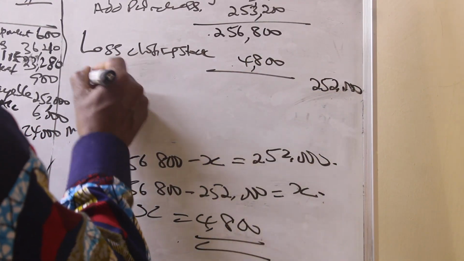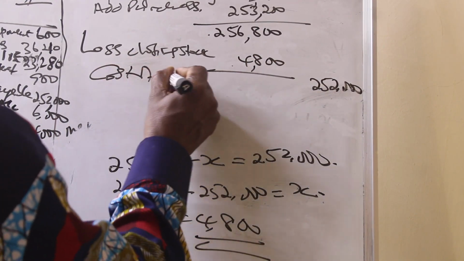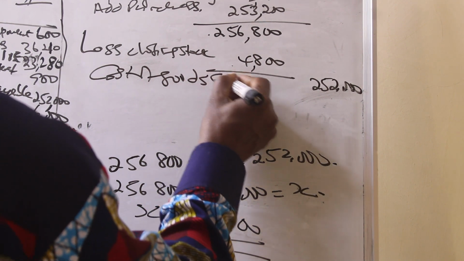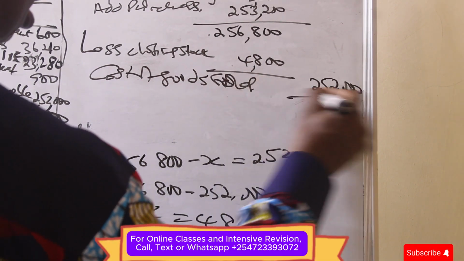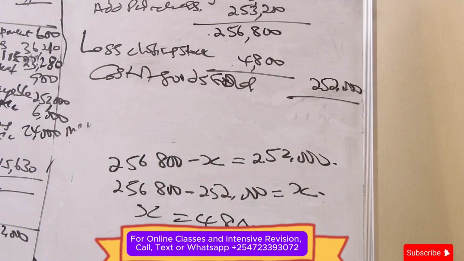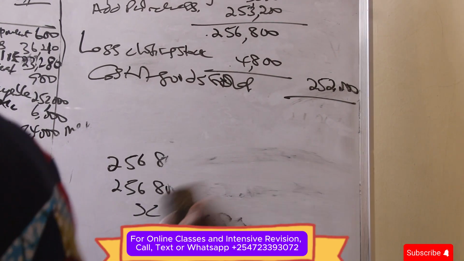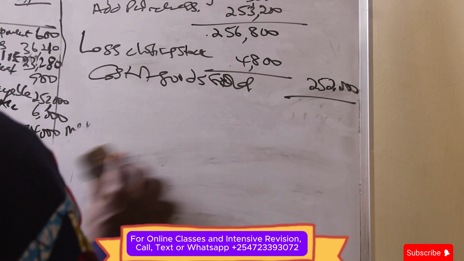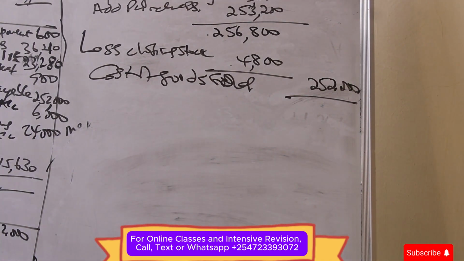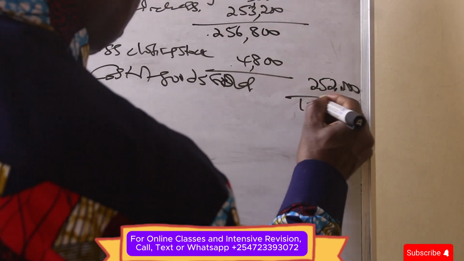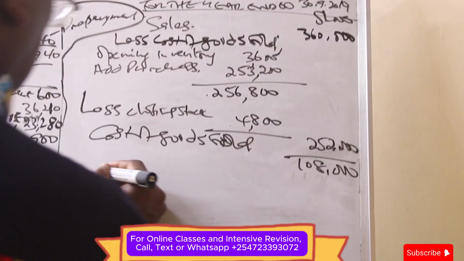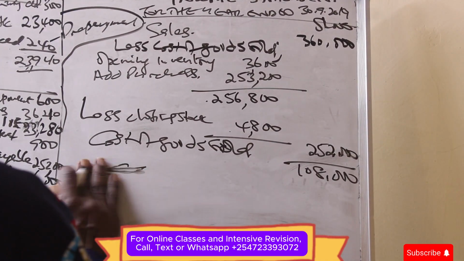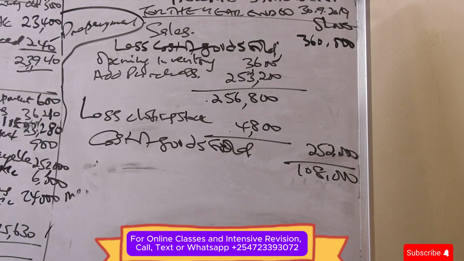And we say cost of goods sold. We get our gross profit of 108,000. From there, we have an income called discount received.